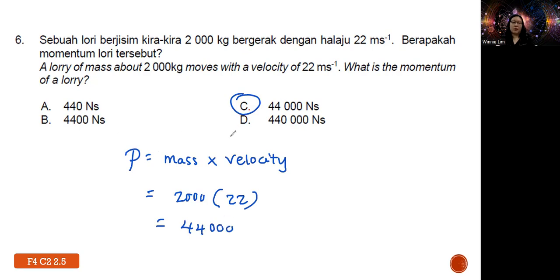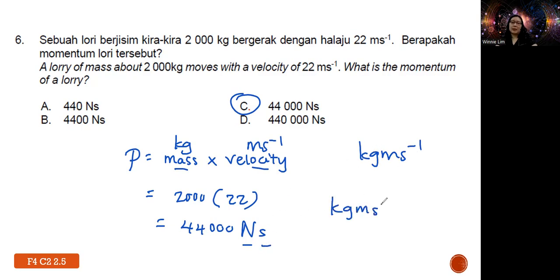44,000. Okay, of course, newton second is another unit for momentum as well. If you base it on the quantity itself, the unit that you more commonly use will be kilogram meter per second, right? Now, why is newton second also another unit? As you all know, newton is actually kg m s^-2. So if you want it to become s^-1, you multiply by the second, right? So this whole thing is newton second.